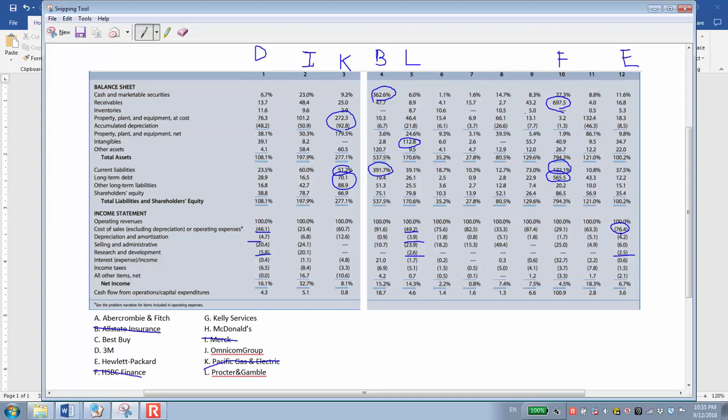Yes, what I find is 7, 6. The other two are 66% and 132. I will subtract the accumulated depreciation, and they're still large. So the service companies should be 6, 7, and 9.